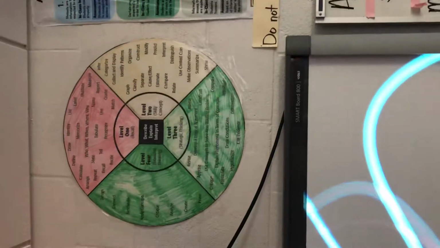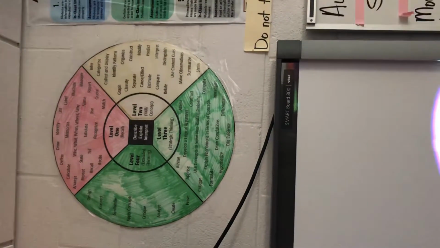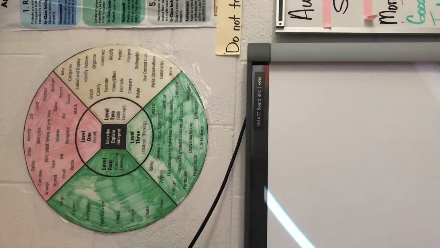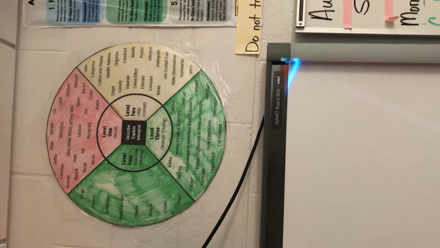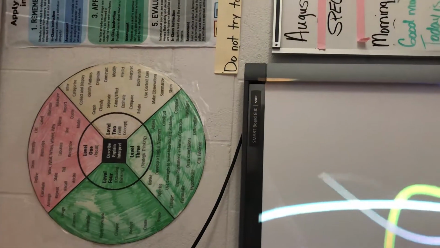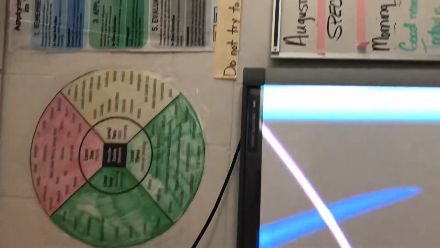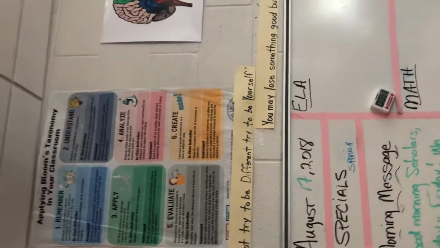Of course, what I love is this wheel, the type of questions that a student should use. Red is something that I normally stay away from. Yellow is something I start with and move forward to the green section. Of course, with that is applying Bloom's taxonomy.